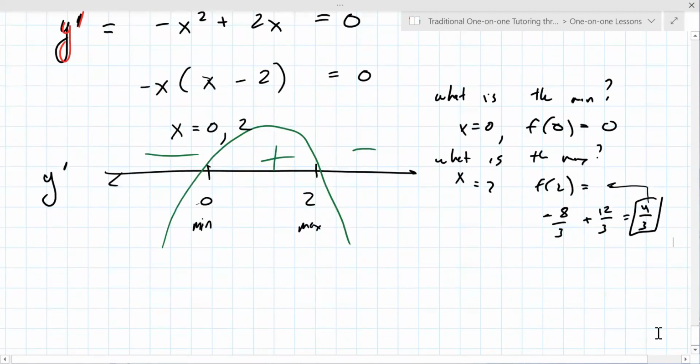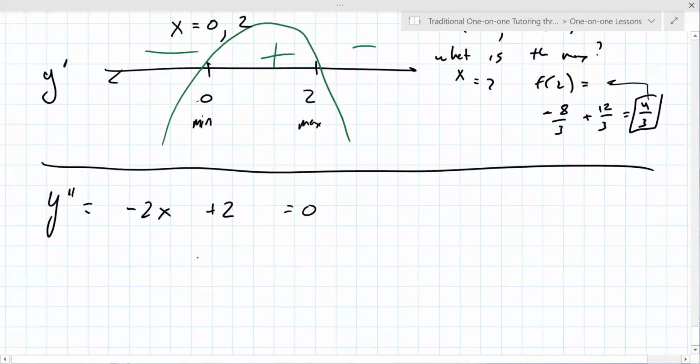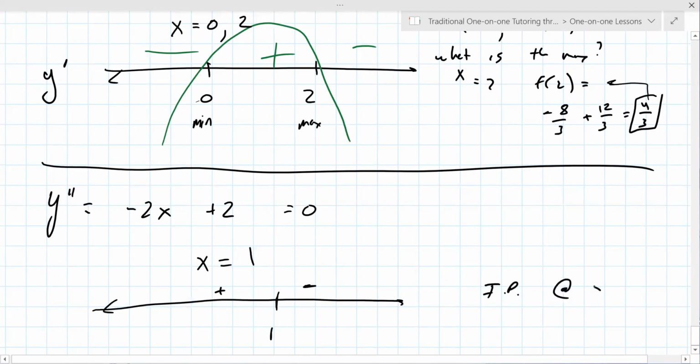All right, so now let's do the second derivative. Y double prime is minus 2x plus 2. Let's set that equal to 0, so x equals 1. If we make a sign chart on that, going a little bit quicker here, it ends up being positive and negative. So this is an inflection point at x equals 1.